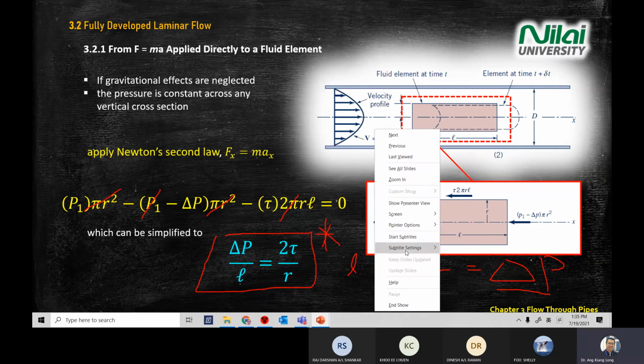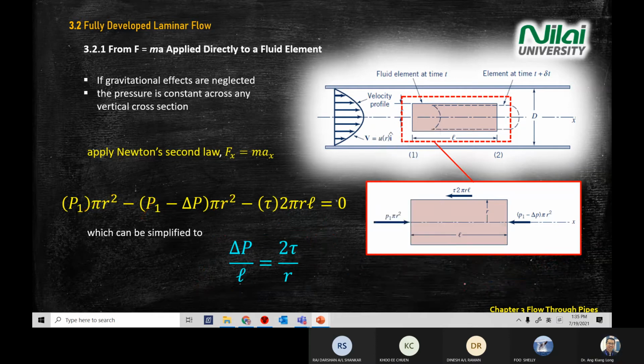Or in this equation alone, you can tell delta P equal to shear stress divided by R times L. This is a mathematical model.